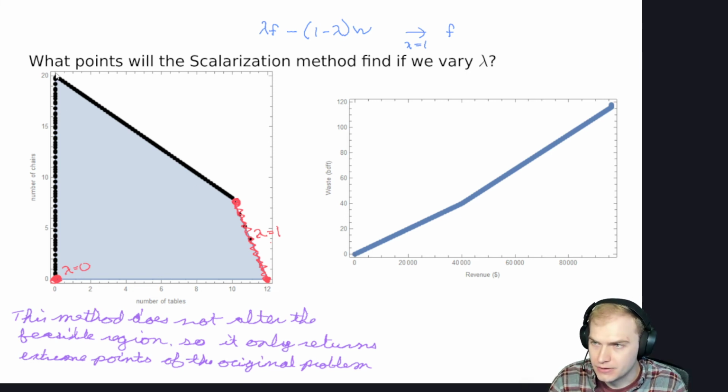So it will return this point and this point somewhere.